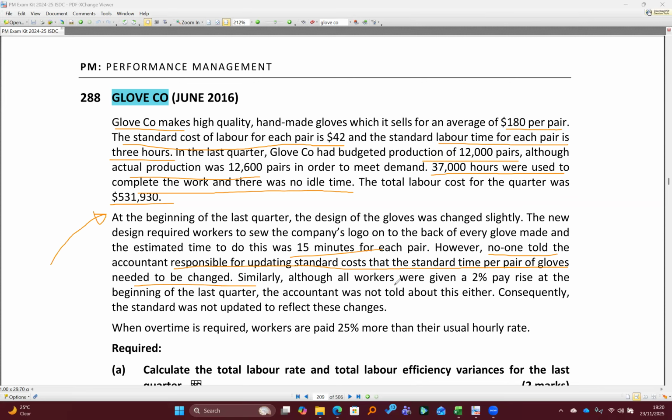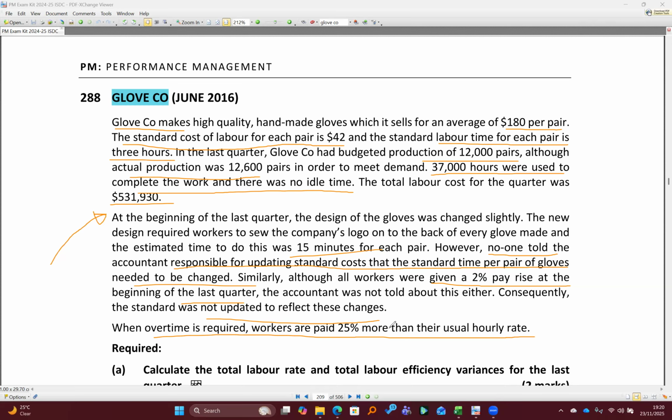Similarly, although all the workers were given a 2% pay rise at the beginning of the last quarter, the accountant was not told about this earlier. Consequently, the standard was not updated to reflect these changes. And when overtime was required, workers are paid 25% more than their usual hourly rate.